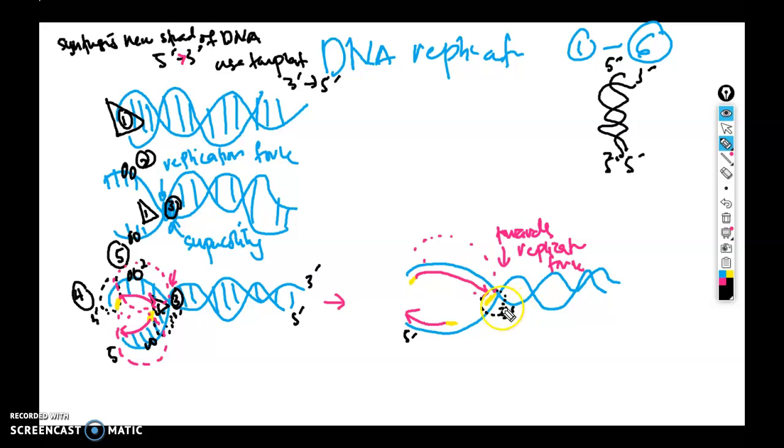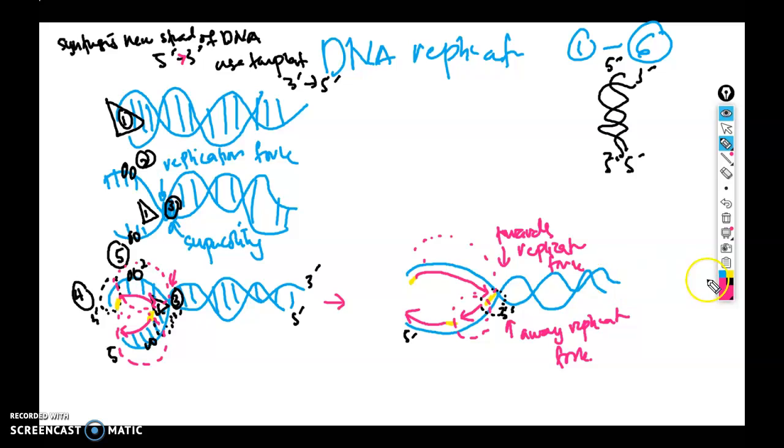So they will add another new RNA primer, and the DNA polymerase 3 will add DNA nucleotide away from the replication fork.